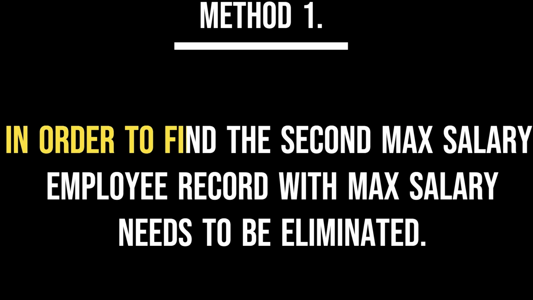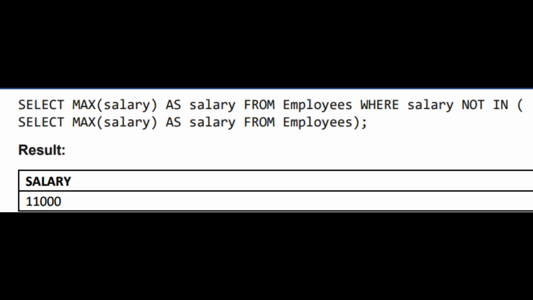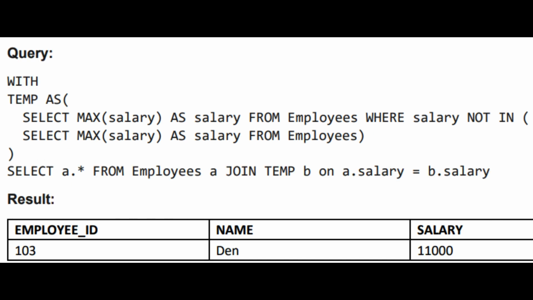In order to find the second max salary, the employee record with max salary needs to be eliminated. It can be achieved by using the following SQL query. The previous query only gives the second max salary value. In order to fetch the entire employee record with second max salary, we need to do a self-join on the employee table based on salary value.